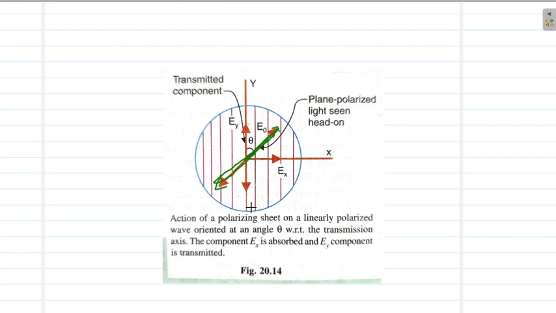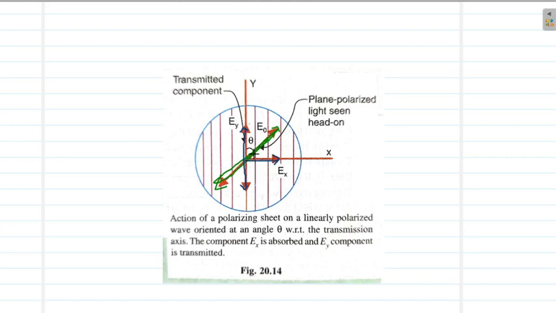When this plane polarized light hits the analyzer, it will be split into its components: a component which is parallel to the transmission axis, and a component which is perpendicular to the transmission axis.